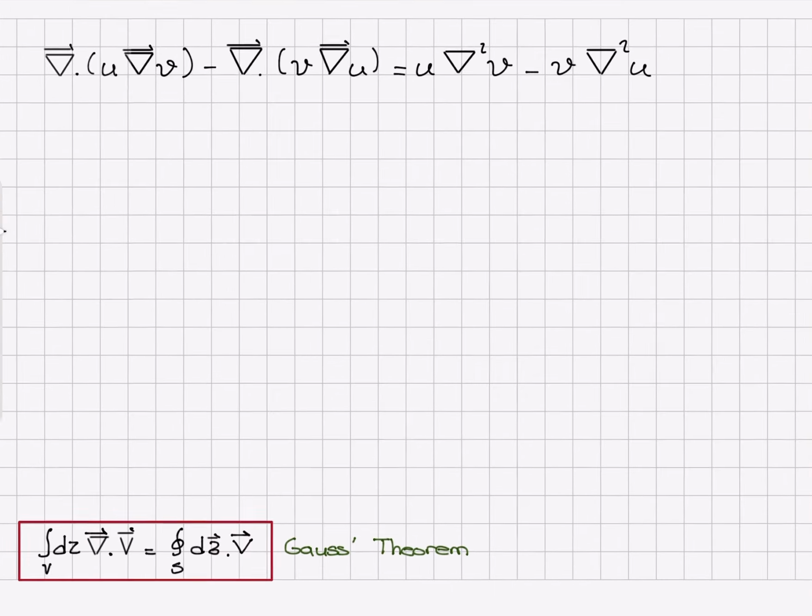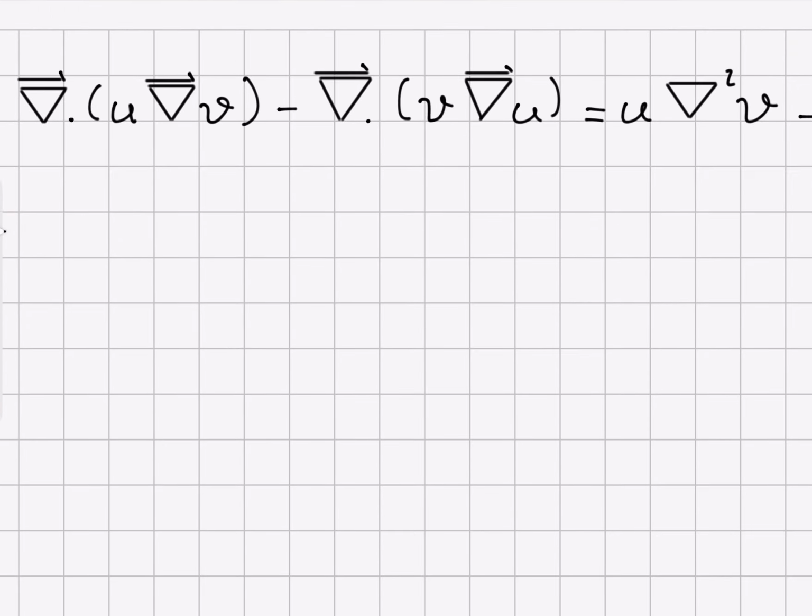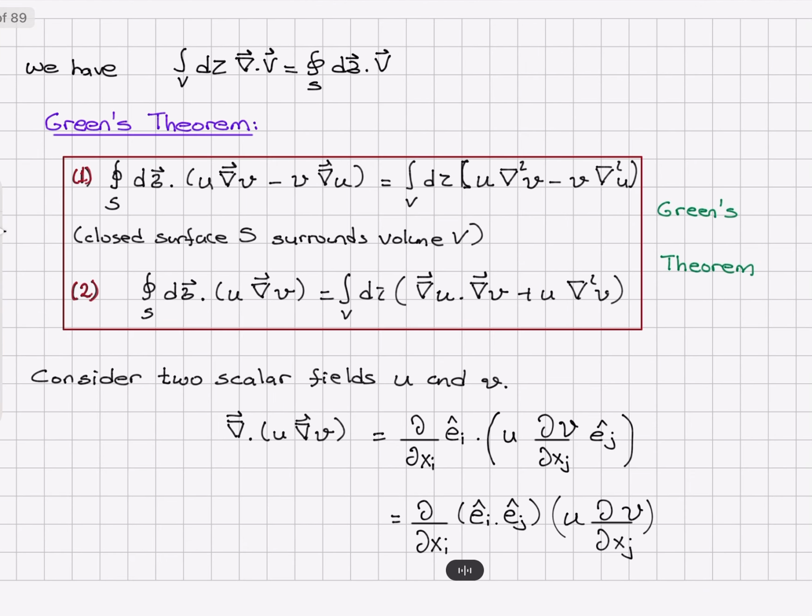Okay. Now, what was I supposed to look at? u gradient v minus v gradient u.